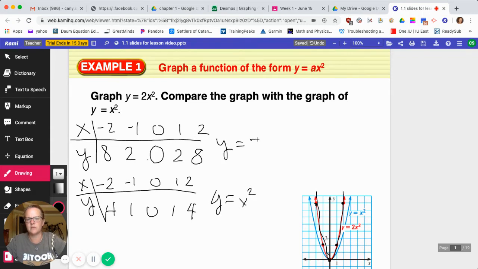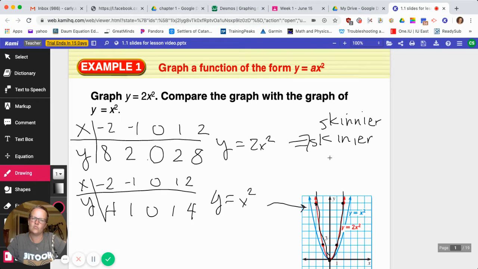Here we have y equals 2x squared. That would be the blue graph. And this one is skinnier. Is that how you spell skinnier? Thinner.